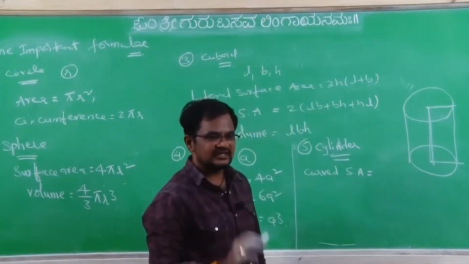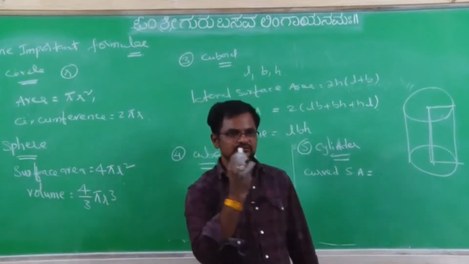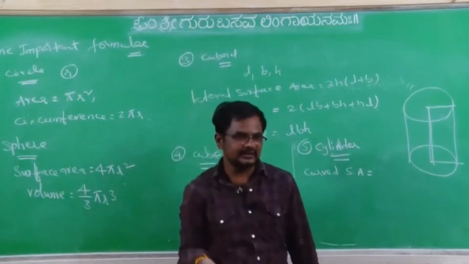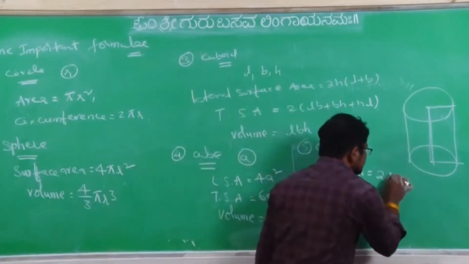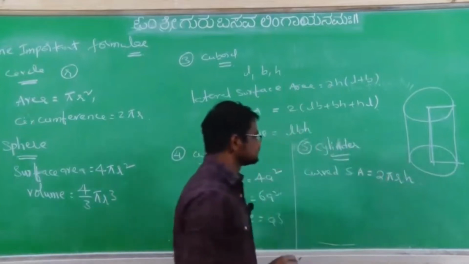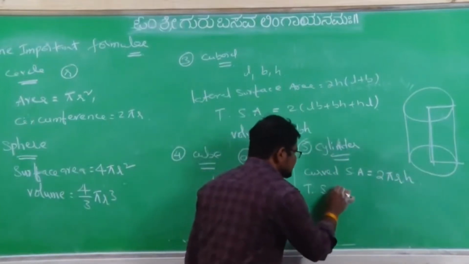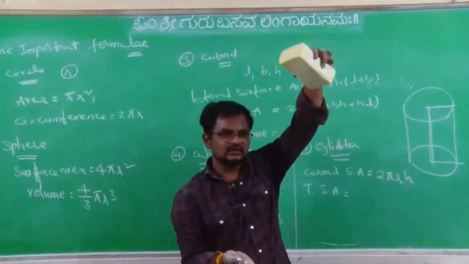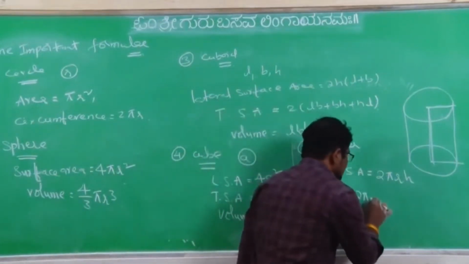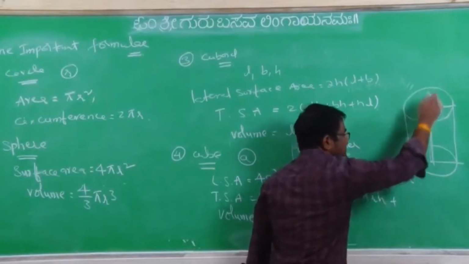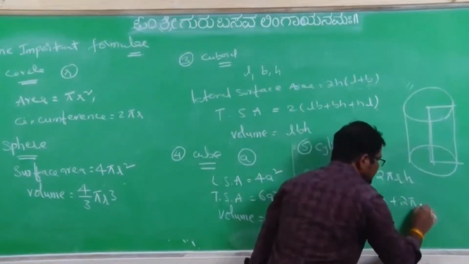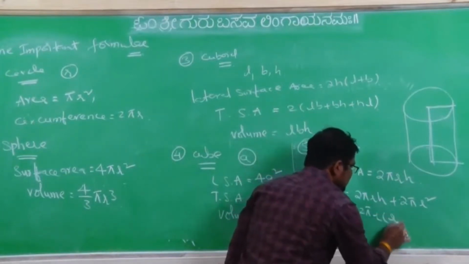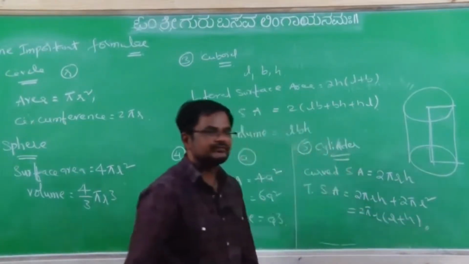How to take the curved surface area? One round is 2 pi r, the circumference of the circle, and with height it is 2 pi r h. Total surface area means curved surface area, 2 pi r h, plus the area of the circles, 2 pi r square. It can also be written as 2 pi r times r plus h.